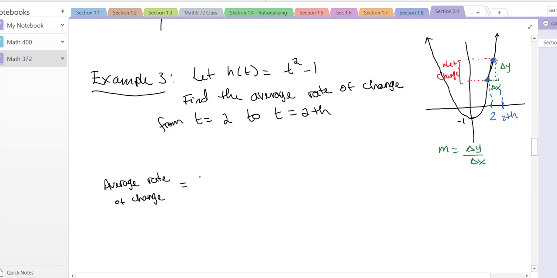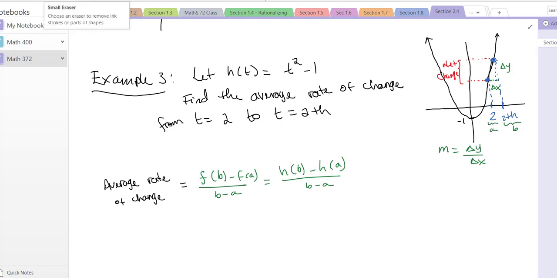So our average rate of change then, as we said before, is f of b minus f of a over b minus a. And in this particular case, our function is h, so it's h of b minus h of a over b minus a. So one of the things that's helpful is to identify what's b and what's a. So b is the further point, so 2 plus h is b, and 2 would be your a.